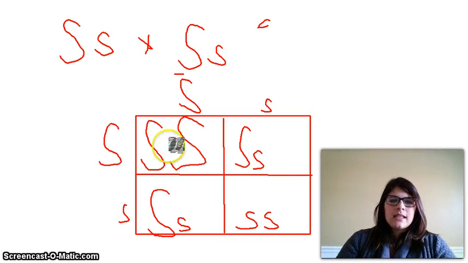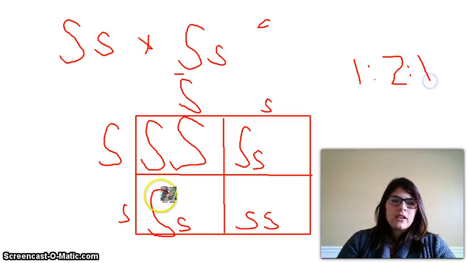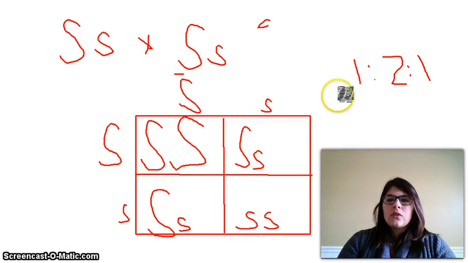What this means is we have a 1 to 2 to 1 ratio of dominant, to hybrid, to recessive. So we have dominant homozygotes, we have hybrids, and we have recessive homozygotes.